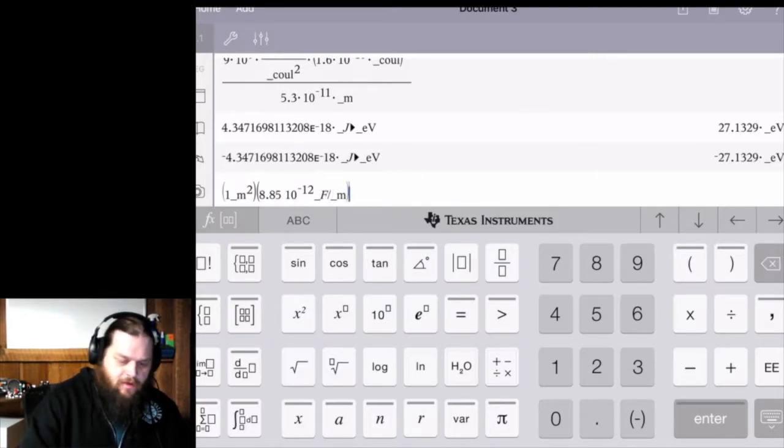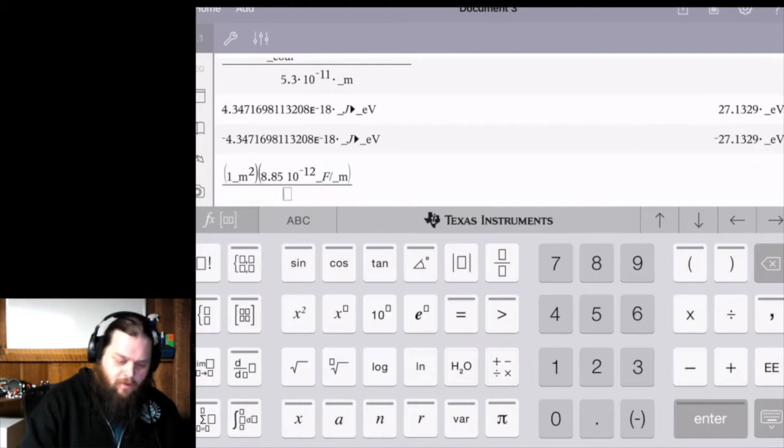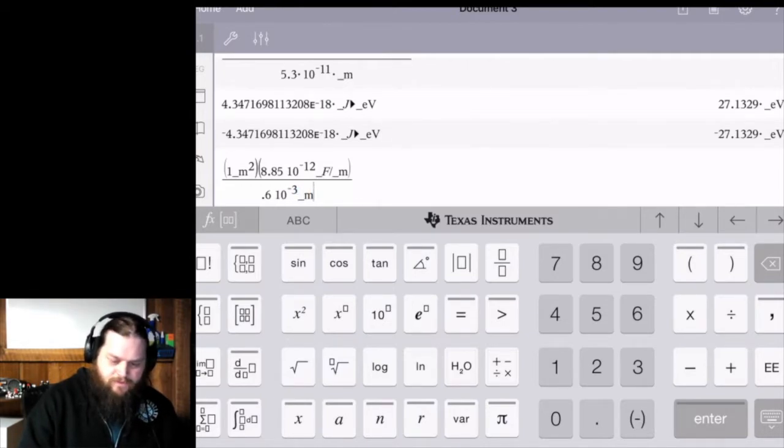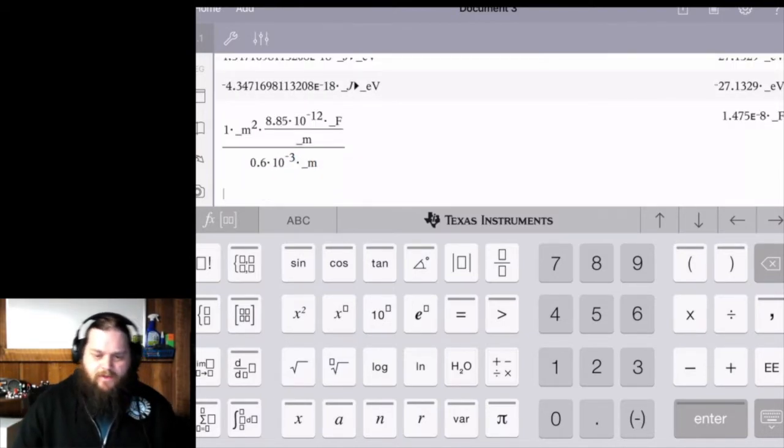I'm going to divide that whole thing by 0.6 times 10 to the negative 3 meters. And that's going to give us a value of 1.475 times 10 to the negative 8 farad.